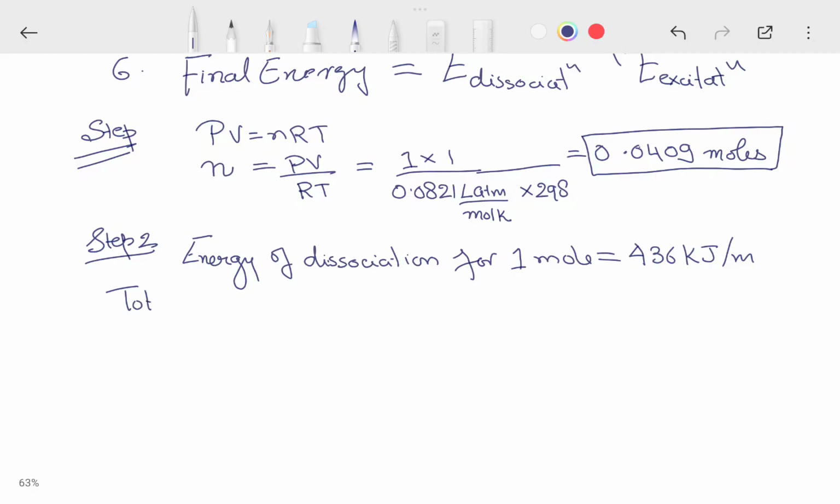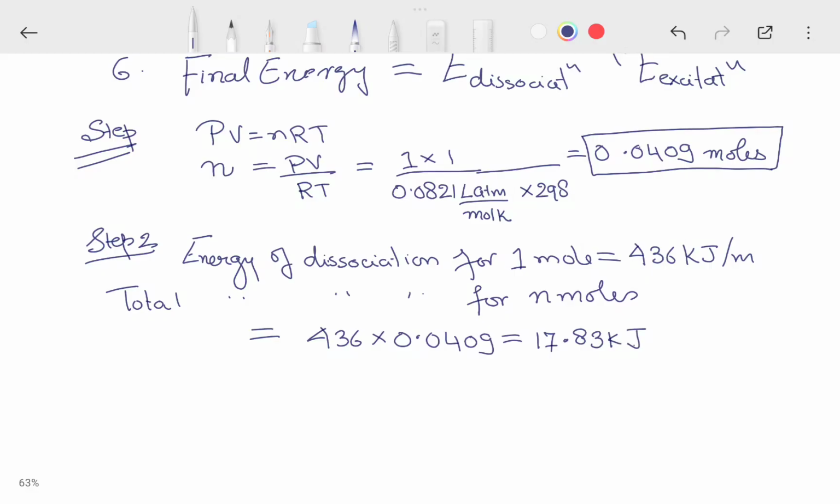Therefore, total energy of dissociation for n moles will be equal to 436 multiplied by 0.0409. So this comes out to be 17.83 kilojoule.